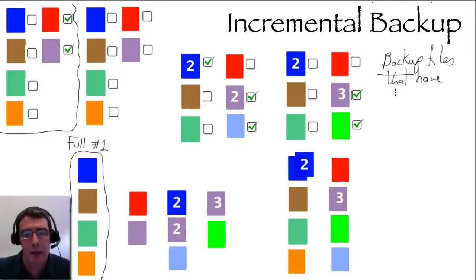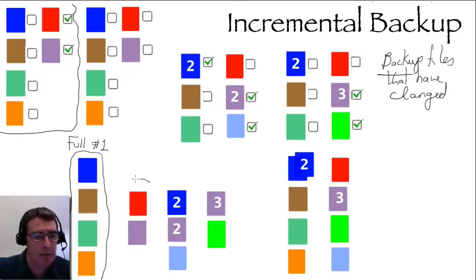So we look at the archive bits, or we look at the timestamps if we're using Unix, and we back up only those files. So here we have 2 files with the archive bits set, and this is going to be in our next catalog. So this might be the next day. So after a full backup, a day later, I added these 2 files. Maybe there were 2 Word documents I created and the archive bits were set.